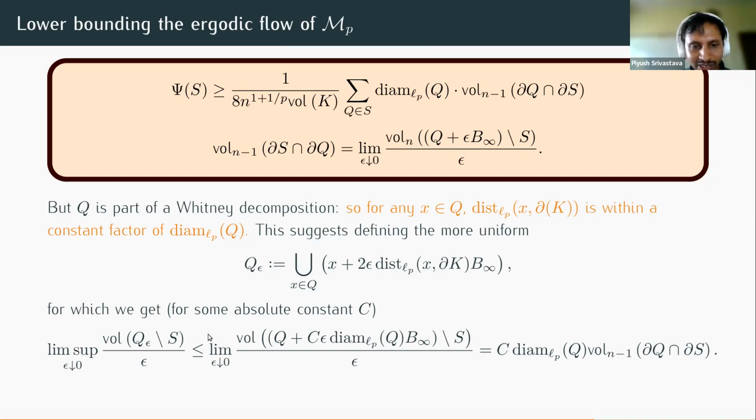So we have this limit here, by the previous lemma, that is equal to this side. The c times diameter L_P just comes from the c times diameter L_P factor here.